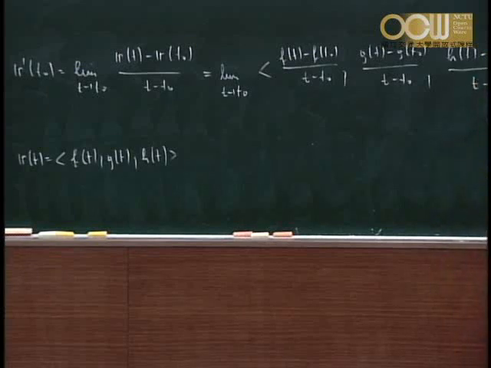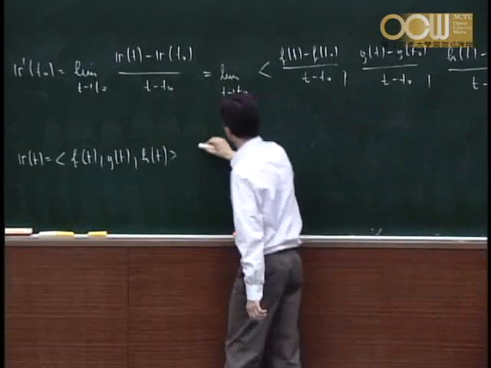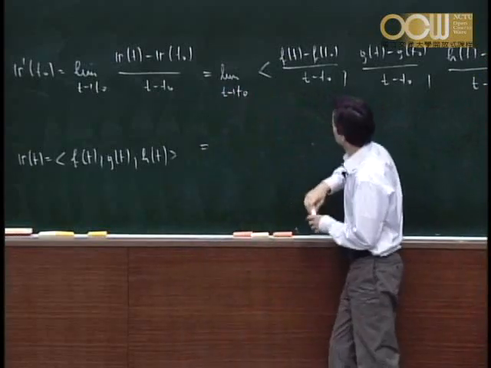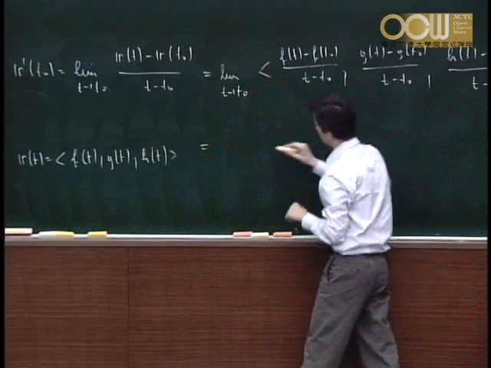And the limit, by definition, is component-wise, so we can write the limit inside the vector for every component.